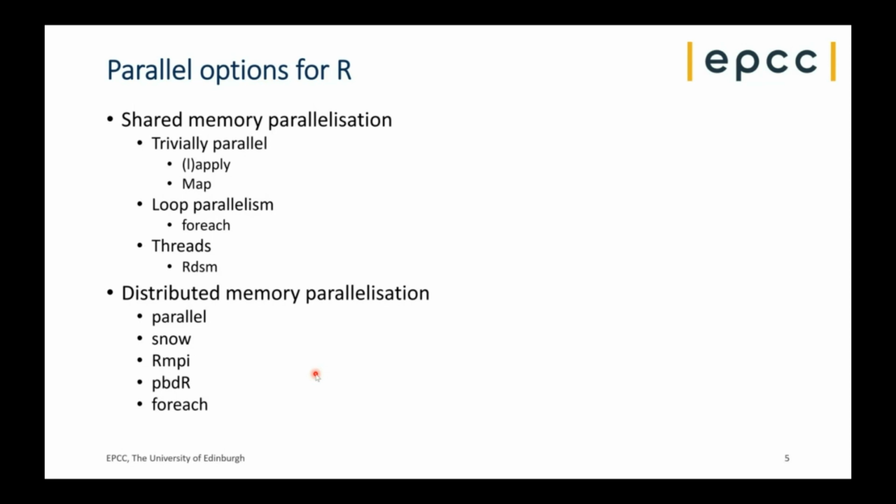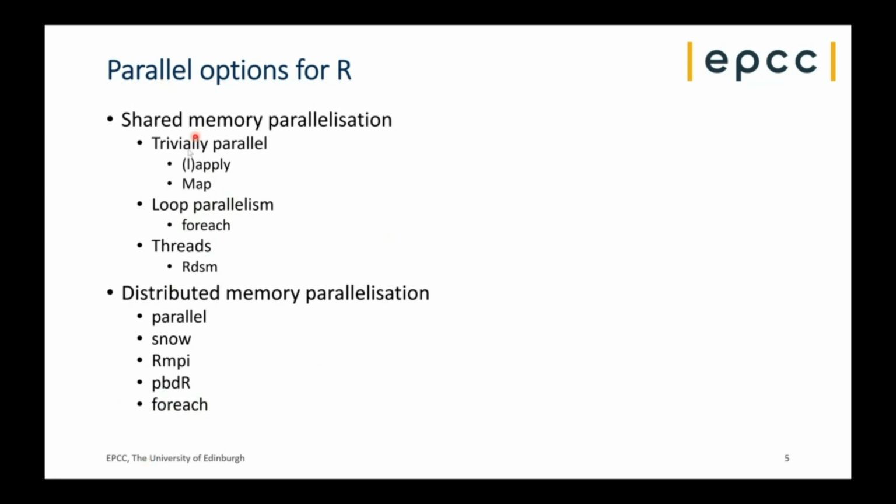Then there are packages like pbdR, which give you a set of functions which have been parallelized across nodes, and foreach, which you can use for loop parallelism on a single node. There are packages or extensions which let you also distribute those across multiple nodes.